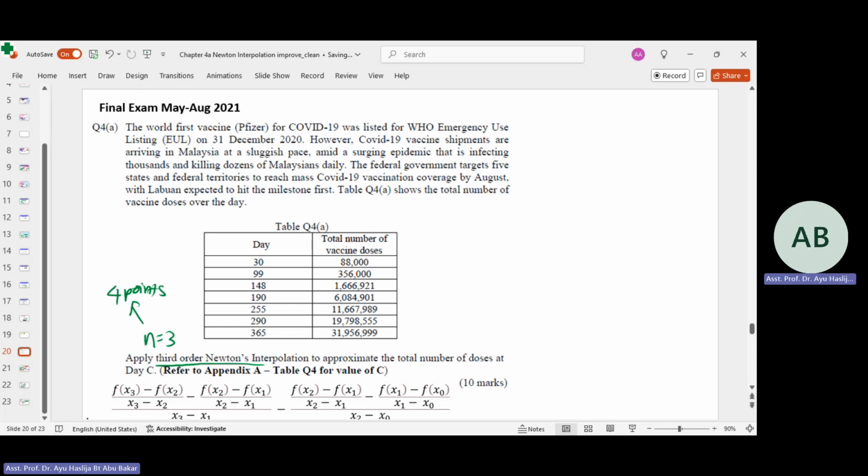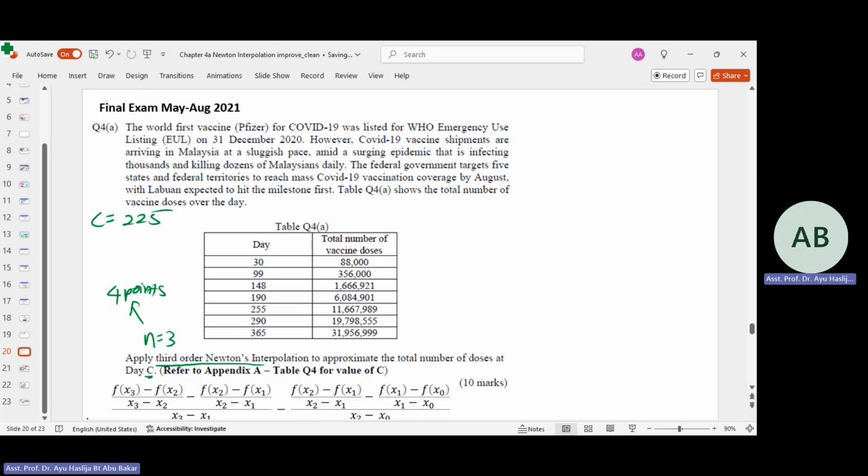For this one, the correct way is to choose points really close together. For this one, at day C, C is 2 to 5.